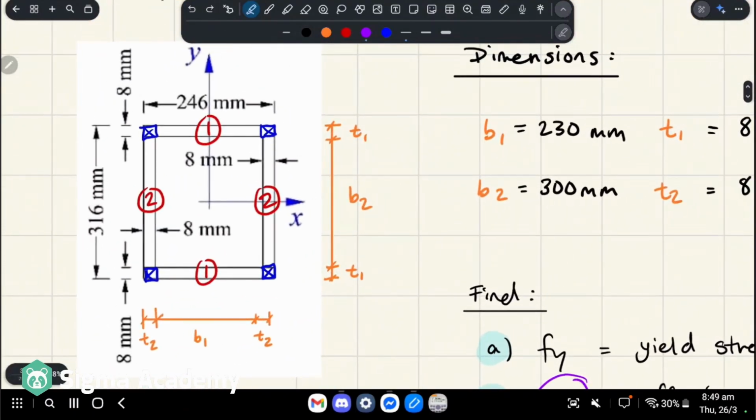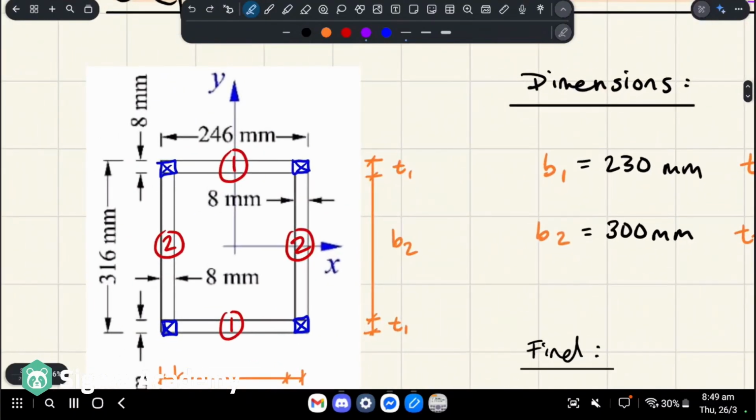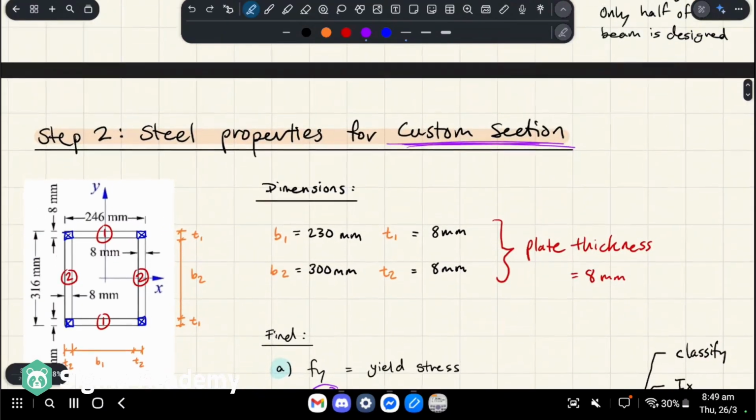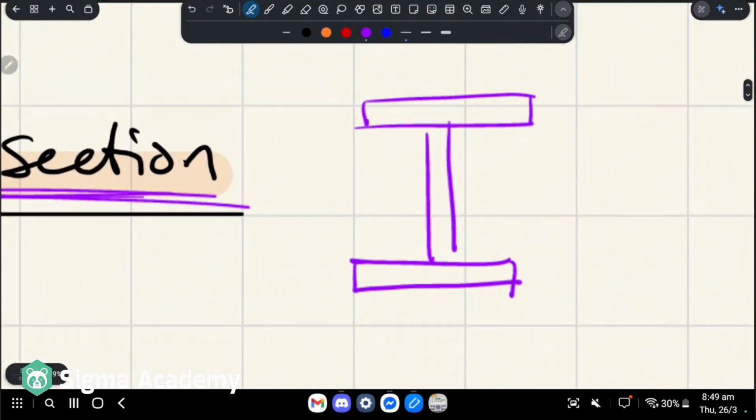So the first thing you want to do when you're working on a custom section is realize something. Another example would be an I-shaped section made up of different plates. Whenever plates intersect, you have these areas which are unbuckleable, okay?